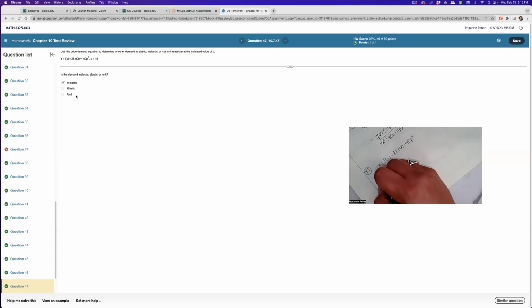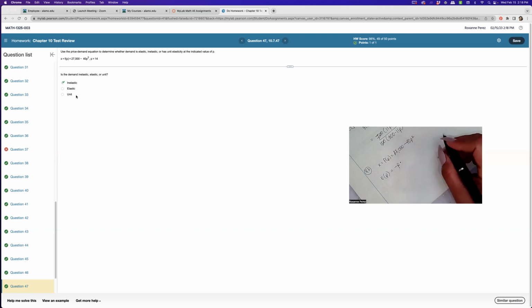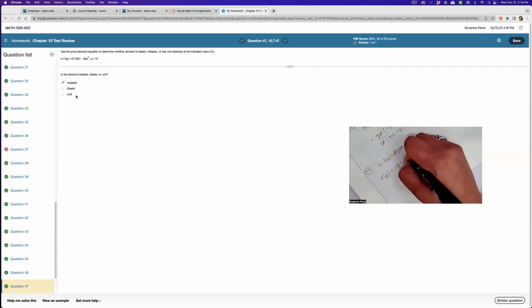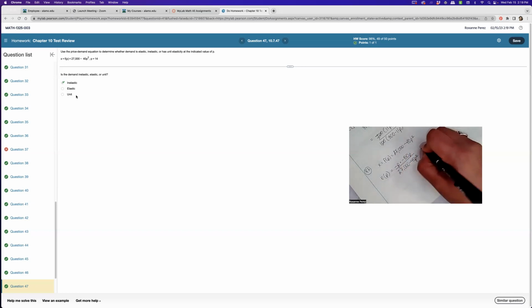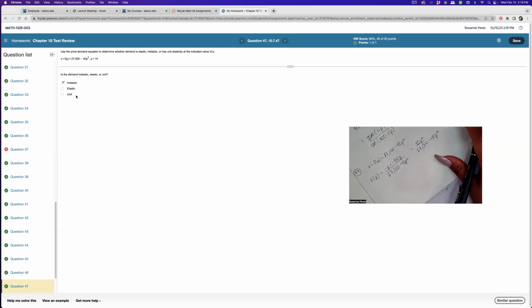So E of p equals negative p times the first derivative of this, which is going to give me negative 80p, all over the original function, 27,000 minus 40p squared. We're going to simplify this, and it's going to give us positive 80p squared divided by 27,000 minus 40p squared. Okay, and so now I'm going to plug in my 14.